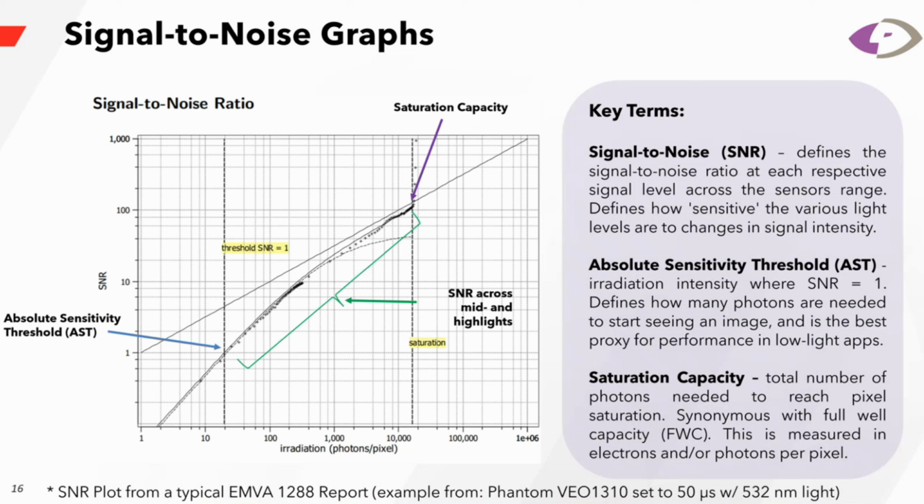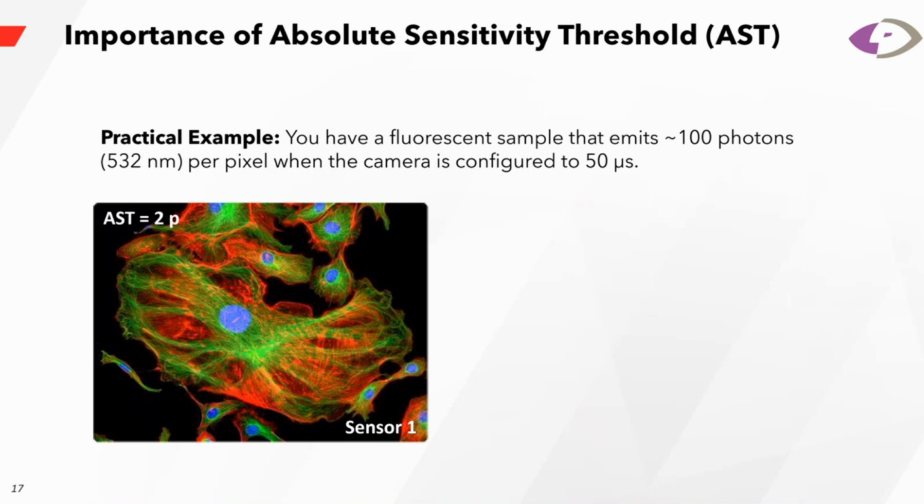This particular graph is from the EMVA 1288 report for the VO 1310, and it's for light at 532 nanometers, green light, with an exposure time of 50 microseconds. The boundary of the AST and the saturation capacity will actually define your dynamic range. The bigger your saturation capacity and the smaller your AST, the wider your dynamic range.